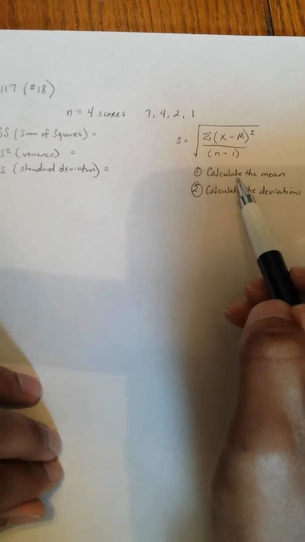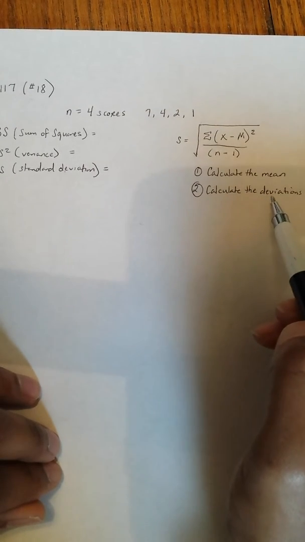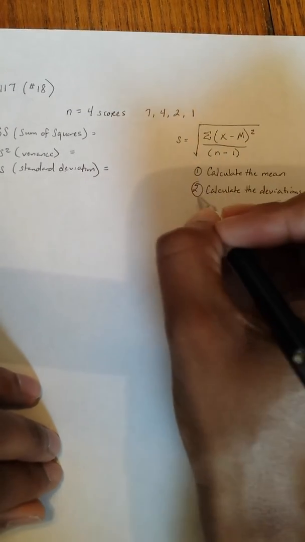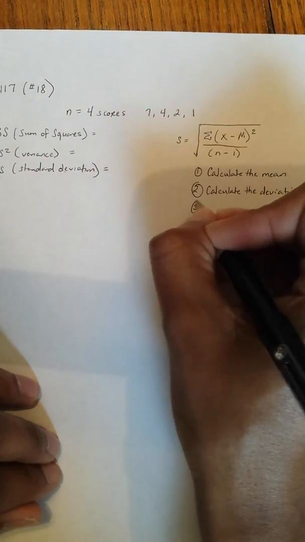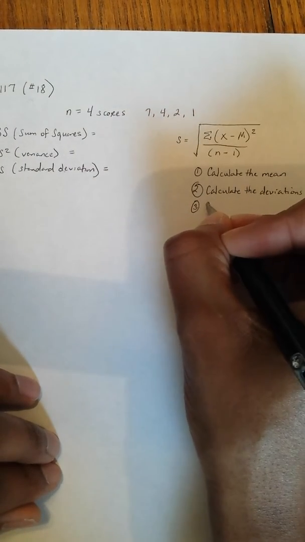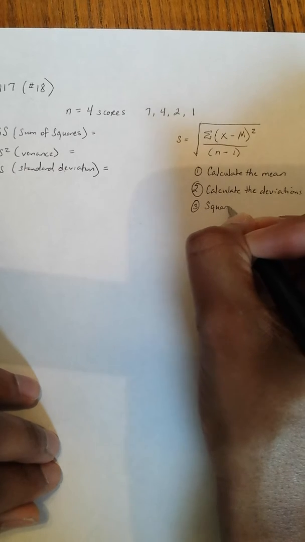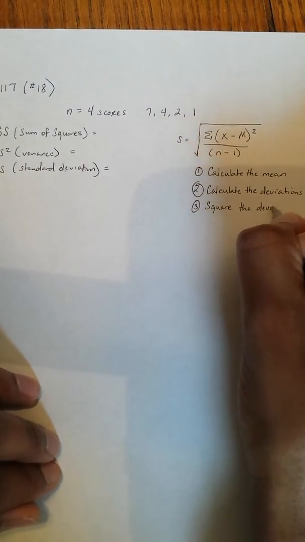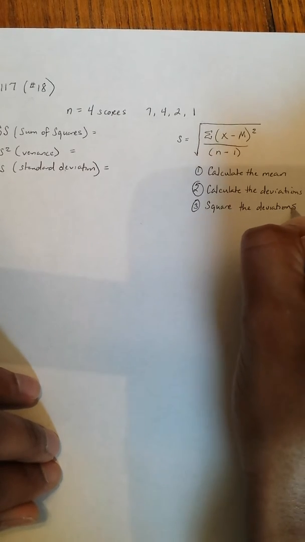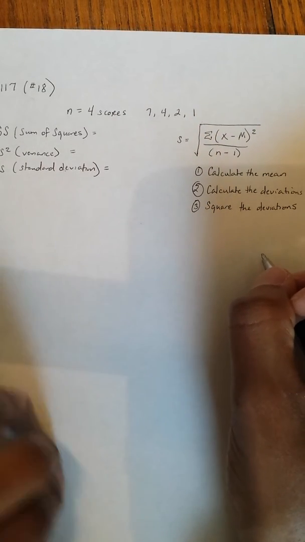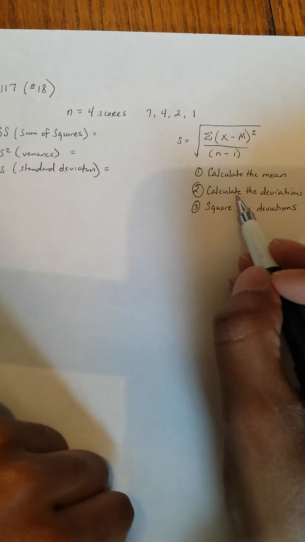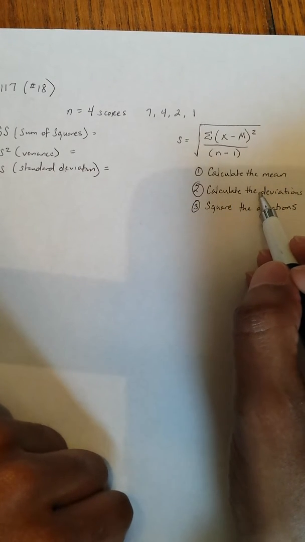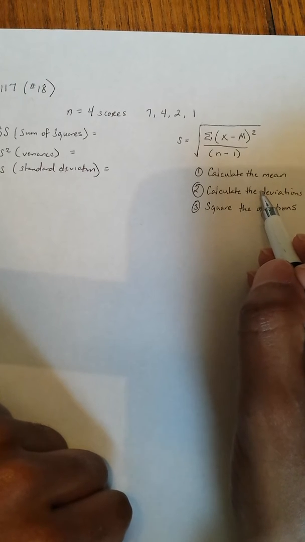Okay, so we calculate the mean, then we're going to calculate the deviations. After we calculate the deviations, we're going to square the deviations. Okay. So the reason why we're doing that is because if we add up all of those deviations, we're going to get a donut shaped looking number, and that's going to be 2. No, it's going to be 0.